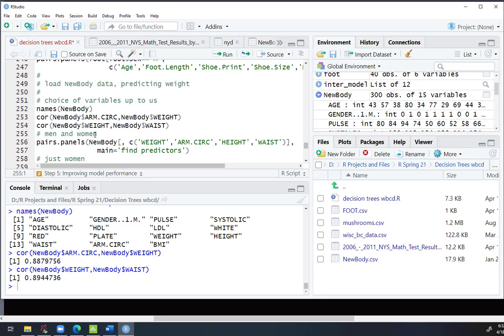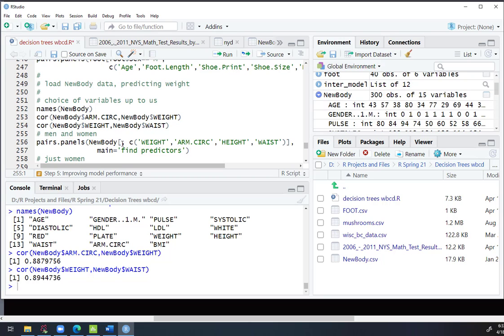So when would it be appropriate to use this? Well, when I'm looking at my data and exploring the data and getting to know the data, and I'm looking for predictors of one of the values in my data frame, in this case weight. This is the syntax. You've got to name your data frame, and that is new body is what I've loaded it as.